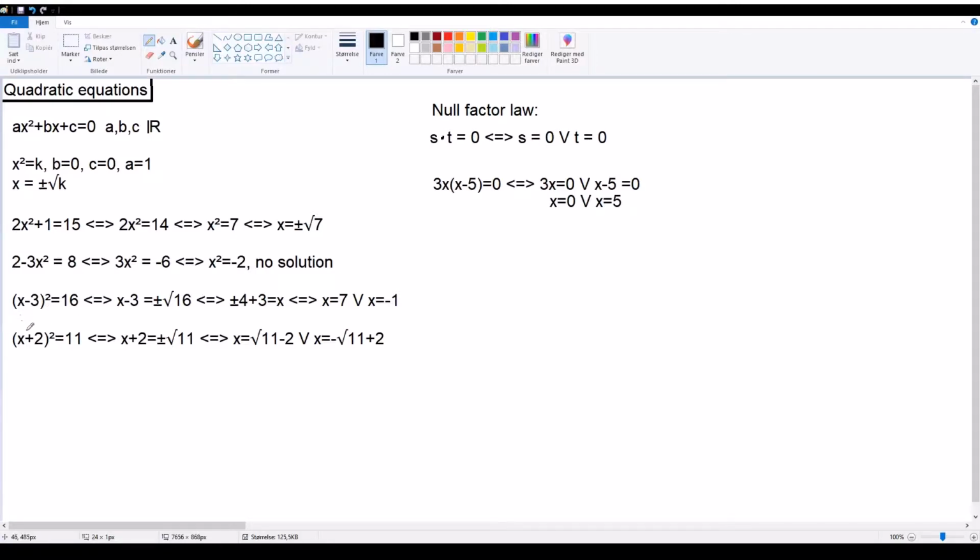Another example here is x minus 3 in brackets squared is equal to 16. You simplify that into x minus 3 is equal to plus minus the square root of 16.